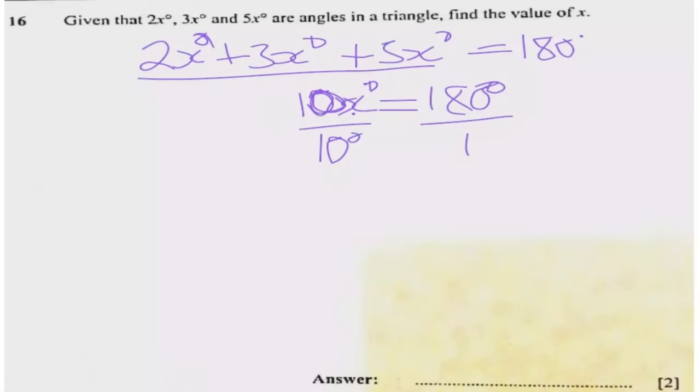So 10 degrees and this 10 degrees on top will cancel each other, leaving us with x, which is equal to, the degree sign there and the degree sign there will cancel each other. Then the 0 here down and this 0 on top will cancel each other, leaving us with 18 on top and 1 down. So 1 into 18 will give us 18. The value of x is 18.